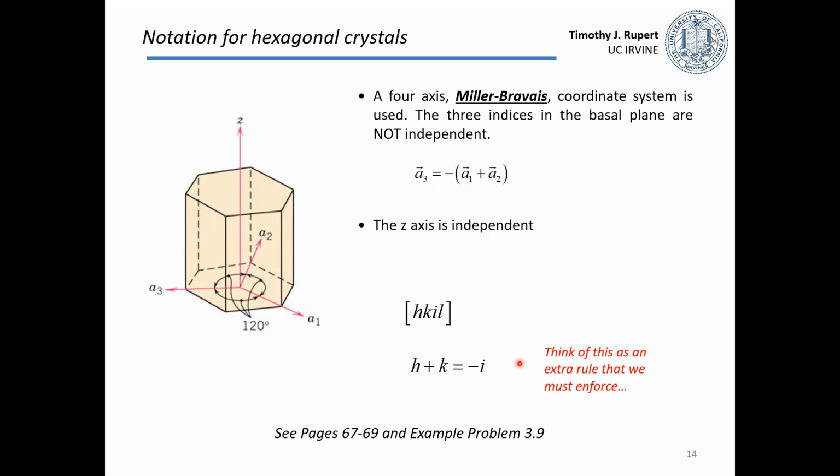We're going to call it HKIL. So this is A1, A2, A3, C. Often C is that Z axis. We have to make sure that H plus K is equal to negative I. And you can think of it, this is just a rule to enforce this condition above.